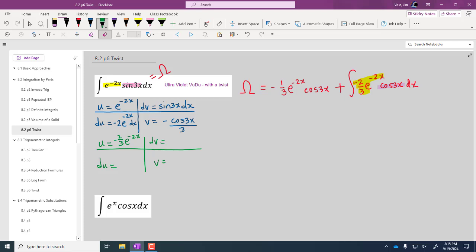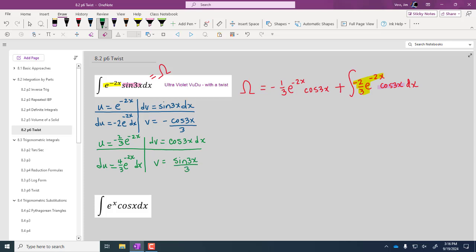And if we differentiate that, we will get 4/3 e to the negative 2x times dx. And for dv, we're going to use the cosine function, cosine of 3x dx. And when we integrate that, we get sine of 3x over 3. So that's our reverse chain rule.